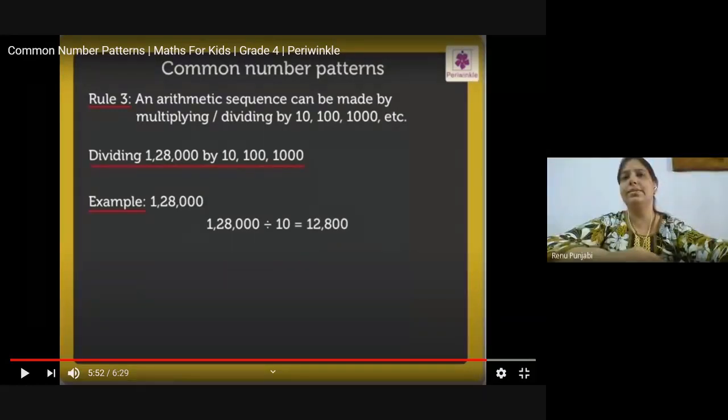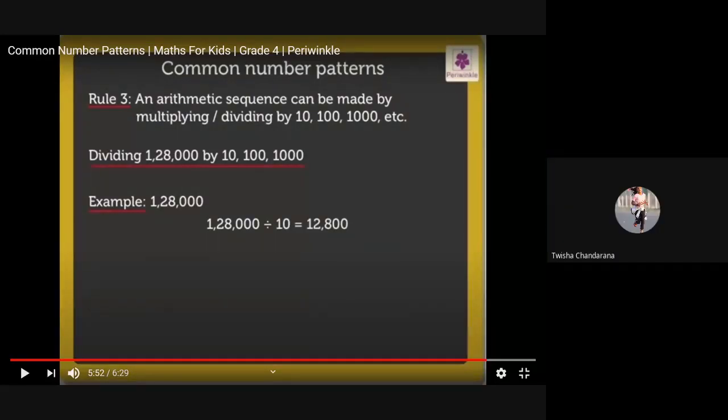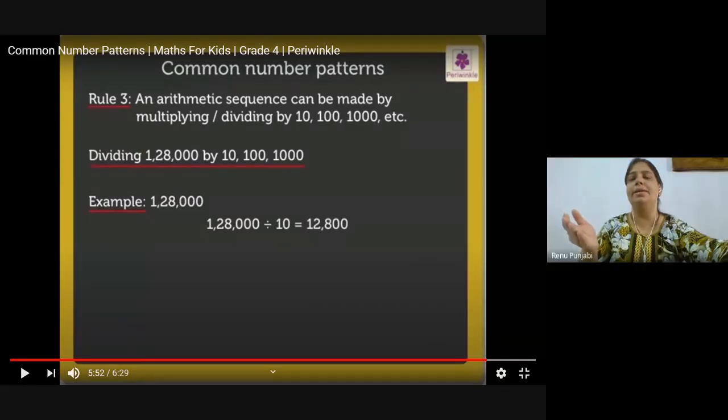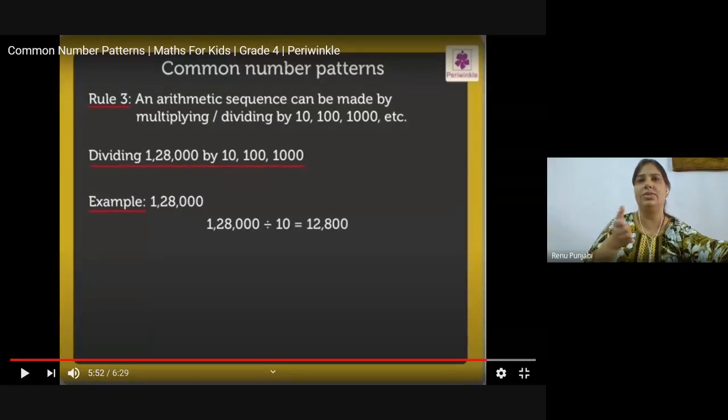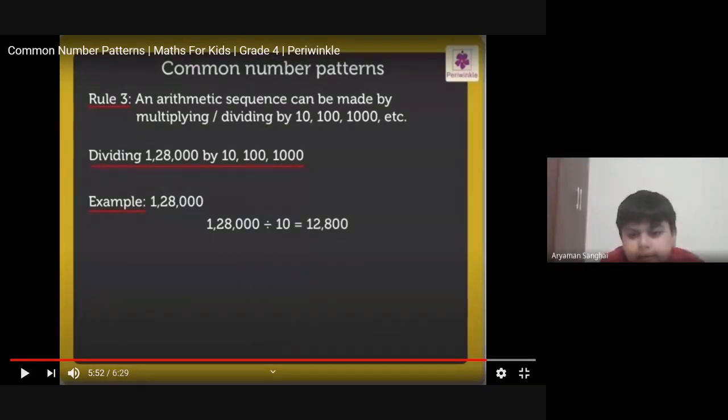Children, have you observed that when multiplying by 10, 100, 1000, zeros are increasing? And when it is dividing, the zeros are decreasing? Yes, ma'am.